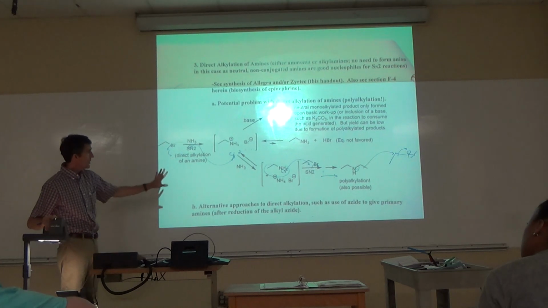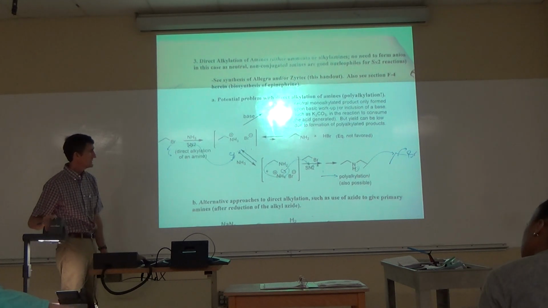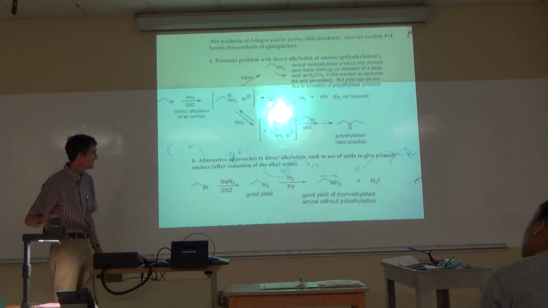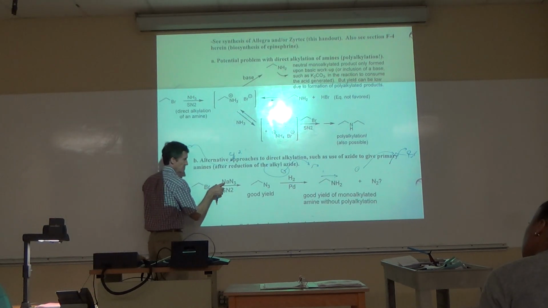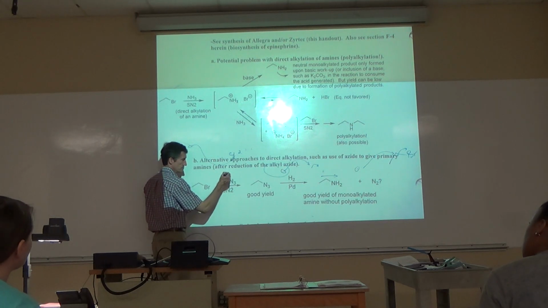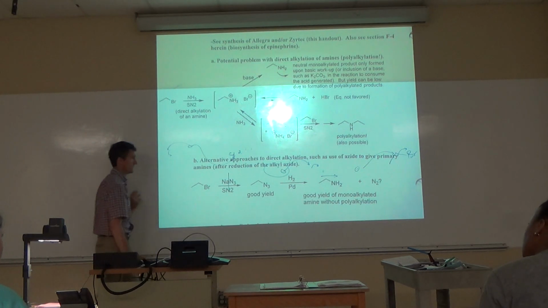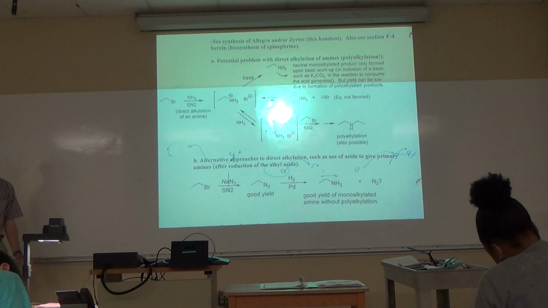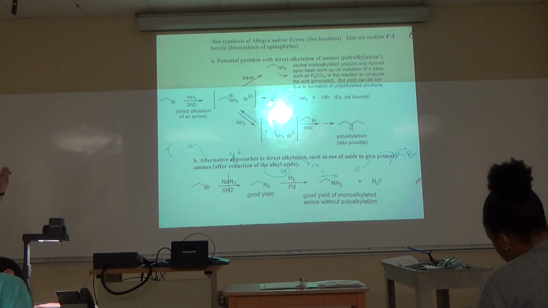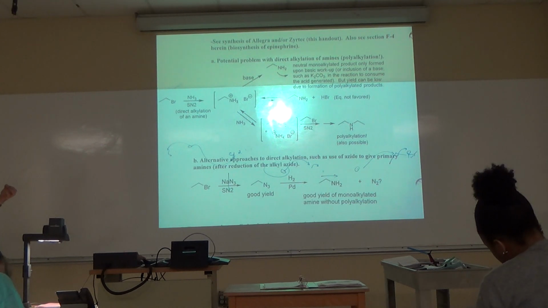There are alternative approaches to direct alkylation of nitrogen, such as using azide. This is called sodium azide. What's the charge of the N3? Negative. When we were doing Lewis structures, one of the problems in my workbook asked me to give the structure of azide.